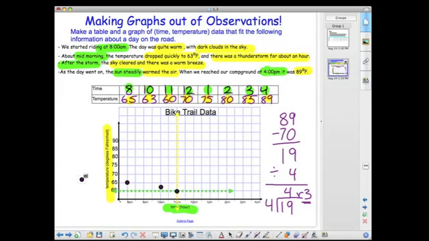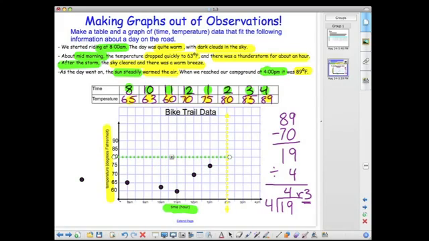My fourth coordinate pair is at 12 o'clock and at 70 degrees. My fifth coordinate pair is at 1 o'clock and 75 degrees. And then my next coordinate pair is at 2 o'clock and 80 degrees.